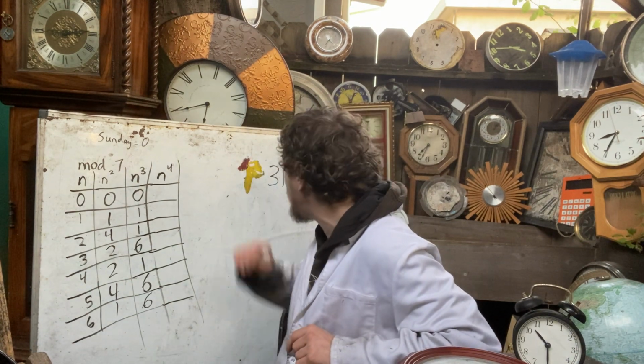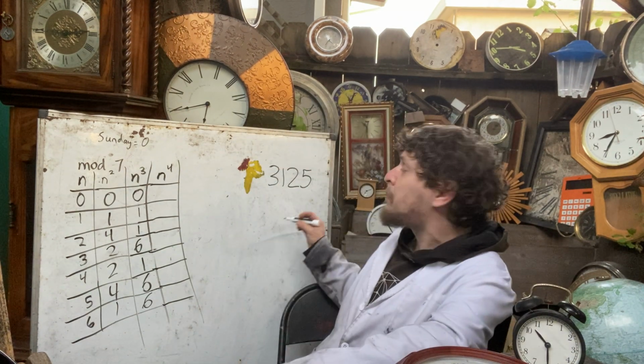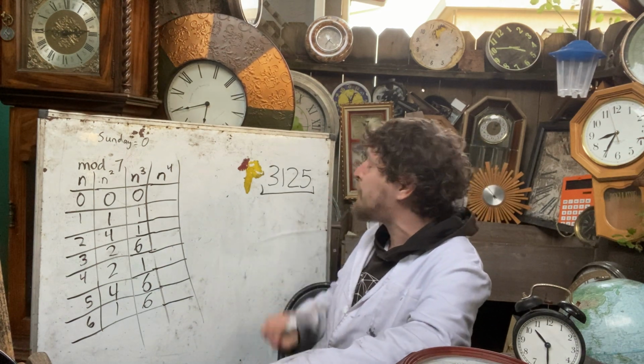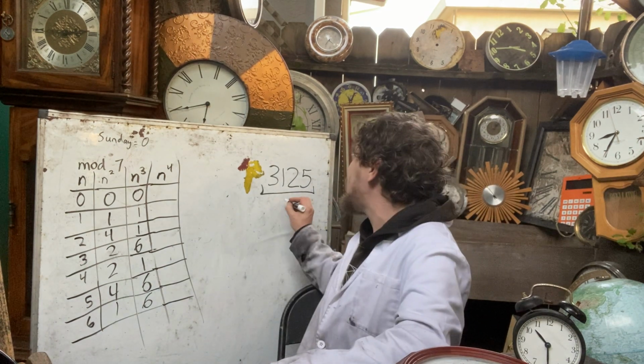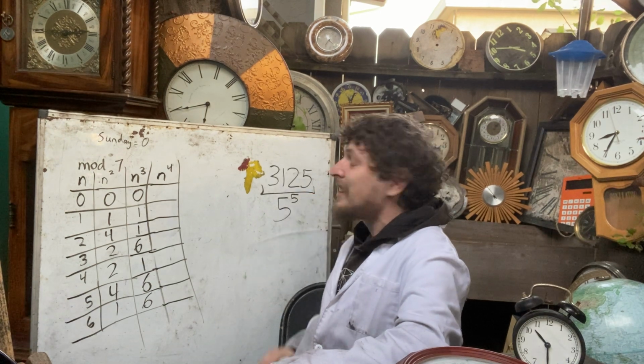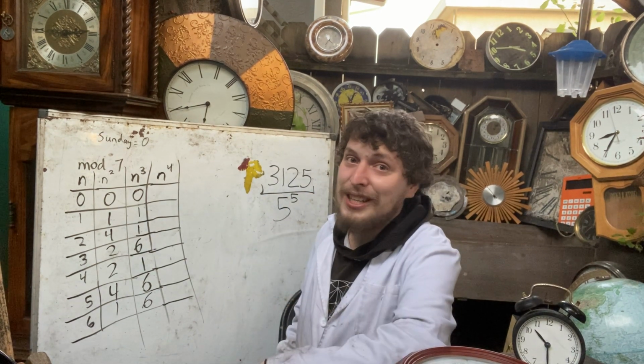Does turn out to be a 5th power that'll come in handy for our smallest possibility. Many of you may have spotted that already, that this is a 5th power. In fact, this is 5 to the 5th power. Is the smallest perfect power that sends me forward 3 weekdays.